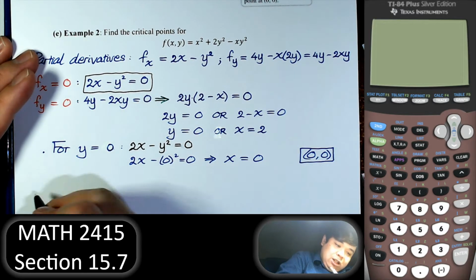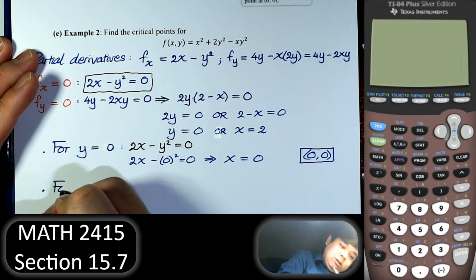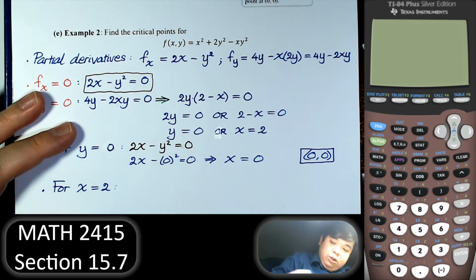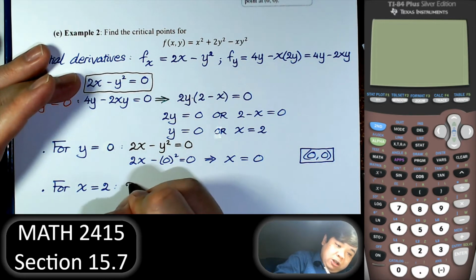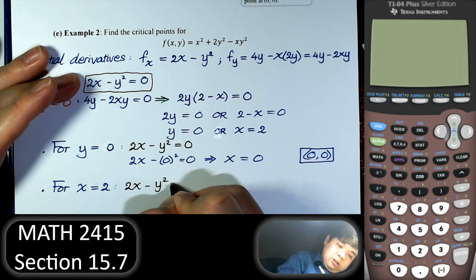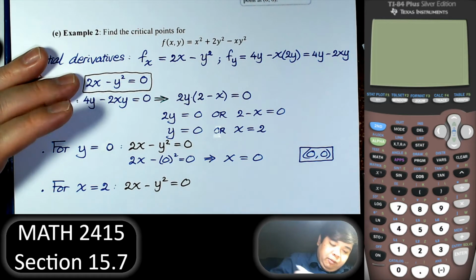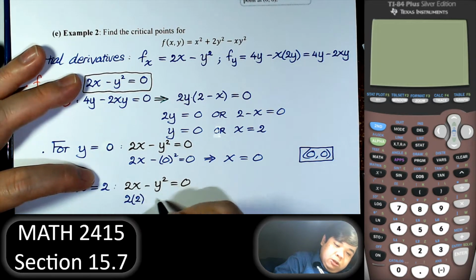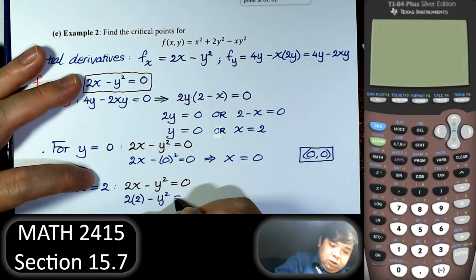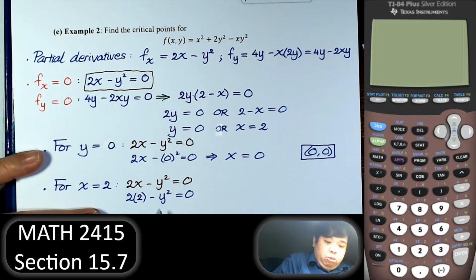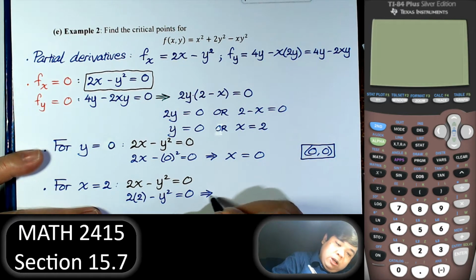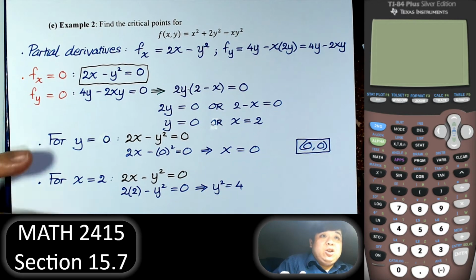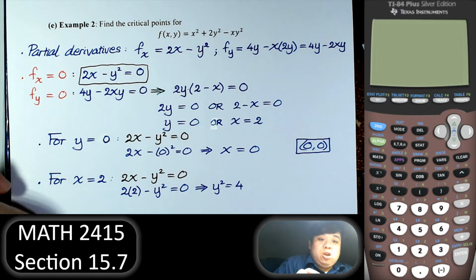Now, for x equal to 2, once again we substitute in that equation. So x equal to 2. So move the y squared over, we have y squared equal to 4. Taking the square root on both sides, don't forget there's a plus or minus.